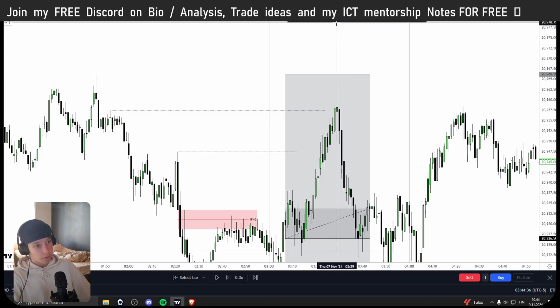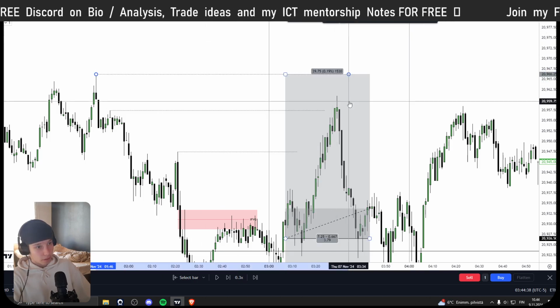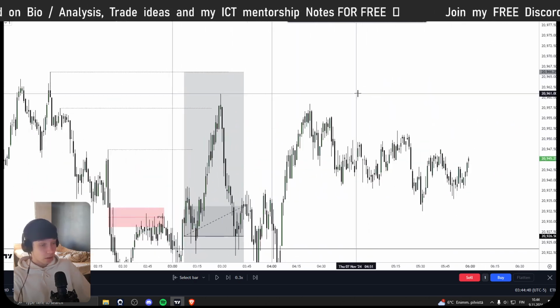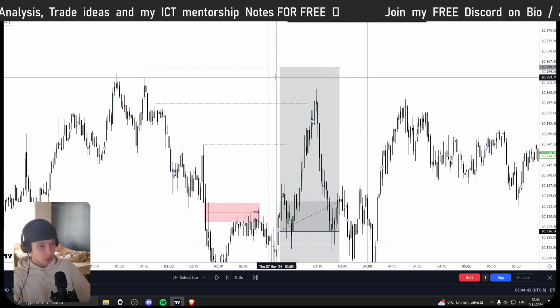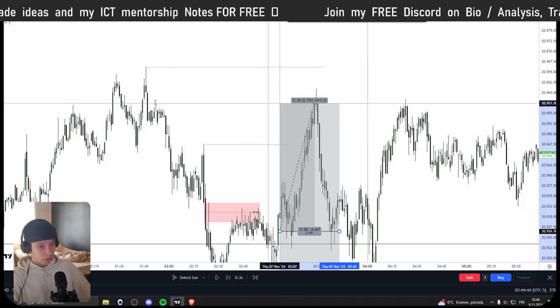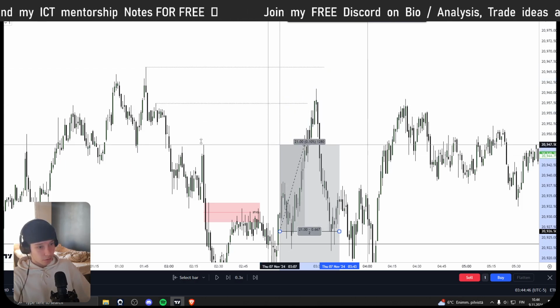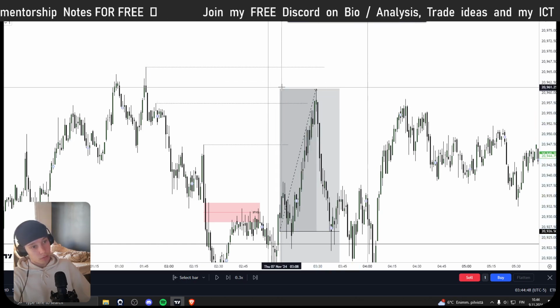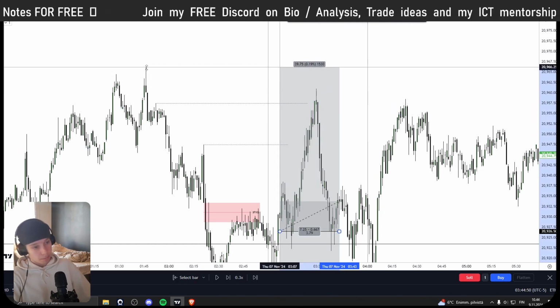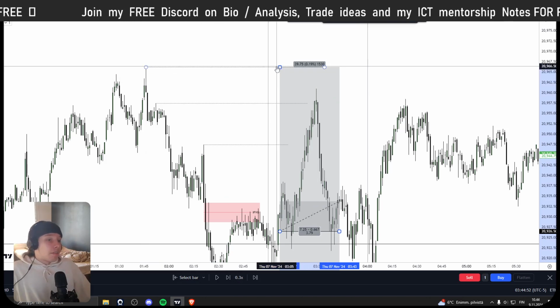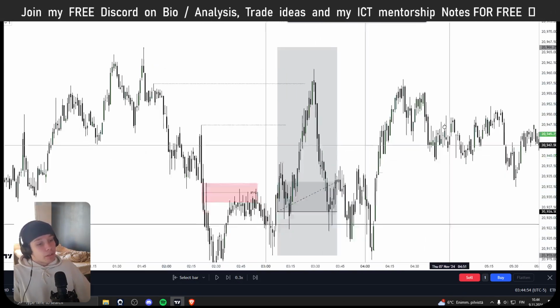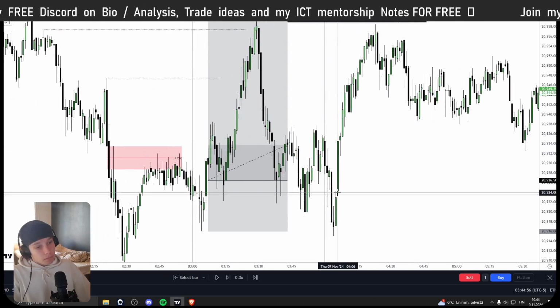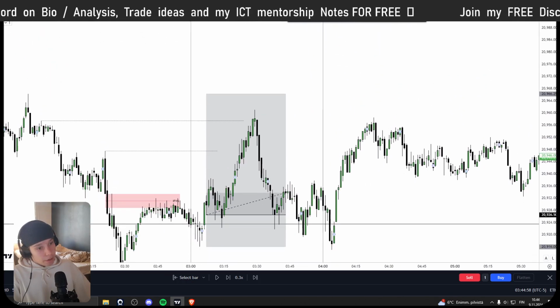This would be the full TP, which never technically gets hit in this bit of price action, but these two do get hit, and it's good enough. Like 2R, 3R. This one would have been like 4R, something like that. Doesn't really matter if it doesn't get hit. This is very much a profitable trade idea.